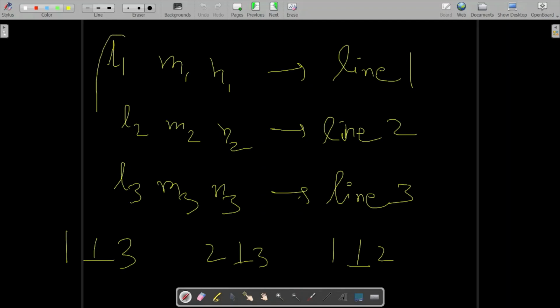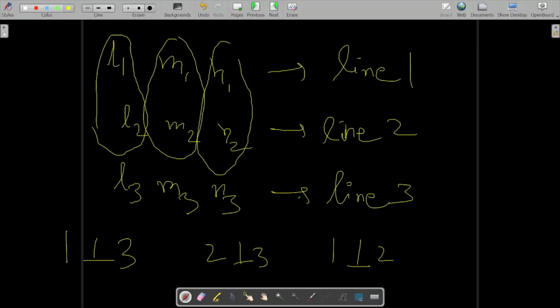Okay, then the direction cosines satisfy the following relation. Which relation? This multiplied by this, plus this multiplied by this, plus this multiplied by this is equal to 0. And then this multiplied by this plus this multiplied by this plus this multiplied by this is equal to 0.